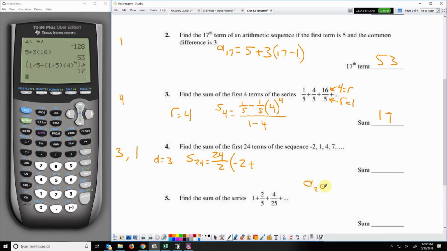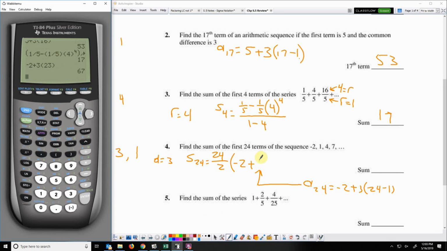So a sub 24 equals first term plus the common difference times n, 24, minus 1. And what I get for that is going to go right there. So negative 2 plus 3 times 23.